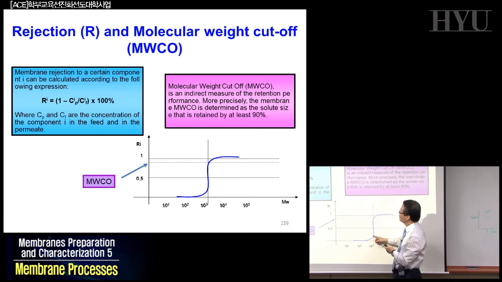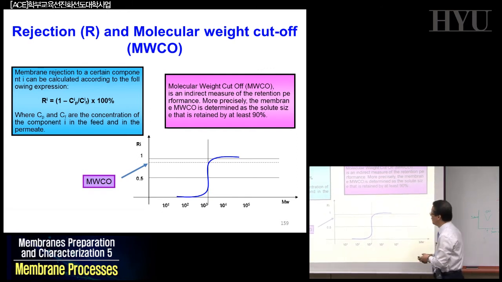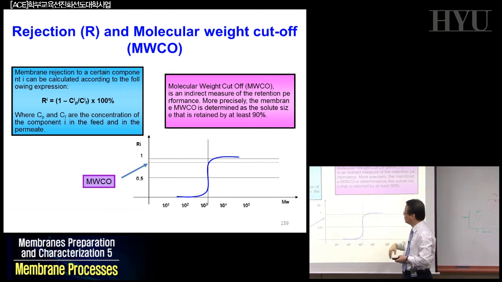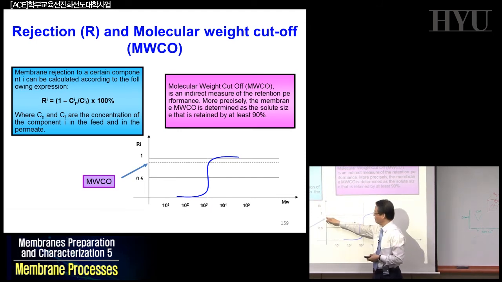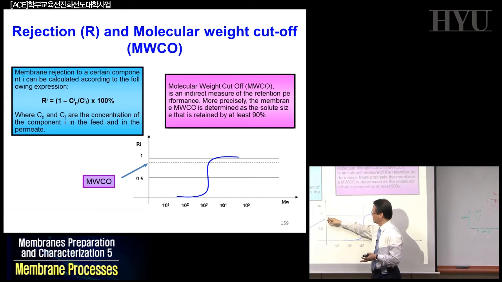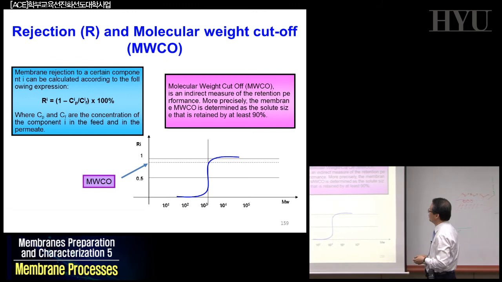So you see CP is about 80%, in fact, and so on. And then you plot them with 4 or 5 different standard samples. And the molecular weight cutoff is defined as the solute molecular weight at 90% rejection of your solute.